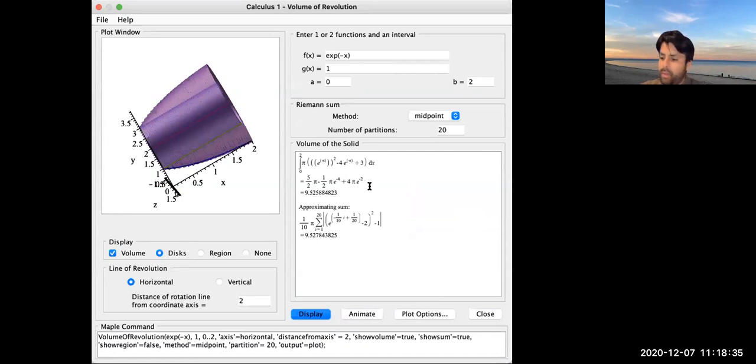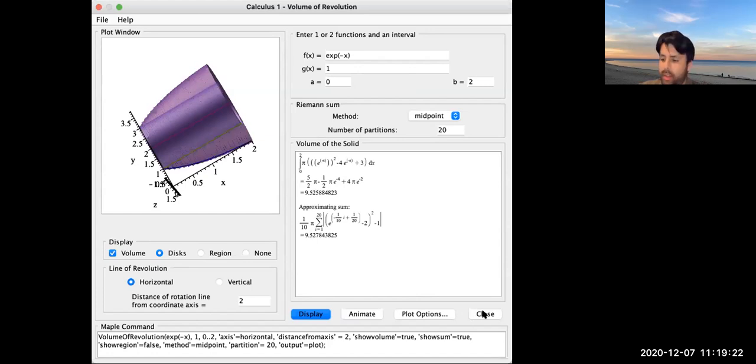E to the negative 2. Yeah. And then we got 4 pi. Yeah, that part is right too. But this 5 pi over 2, this is the discrepancy. I don't get that. Hmm. Very interesting. It doesn't give me the same thing. Interesting.